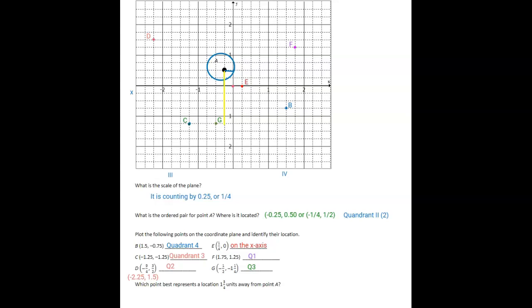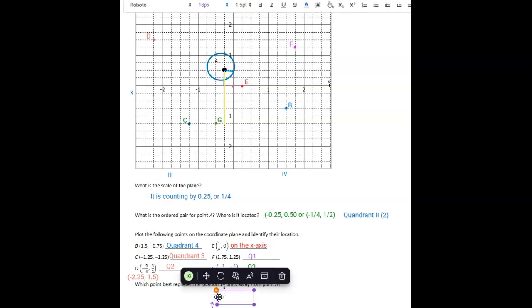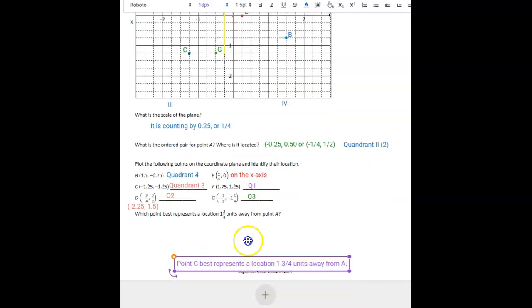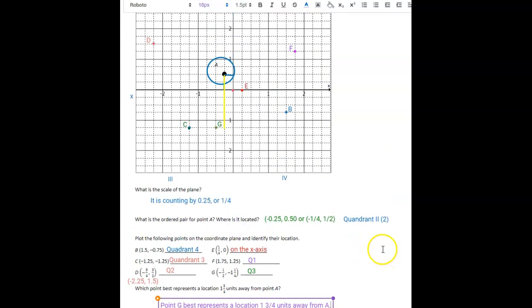F would have been close, but still a little bit too far. So you can put that point G best represents a location 1 3/4 units away from A.